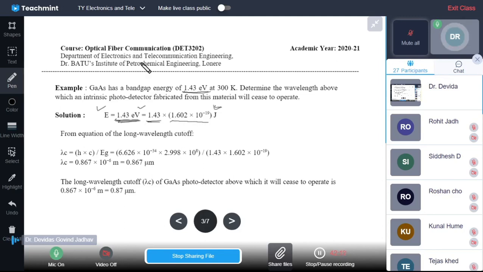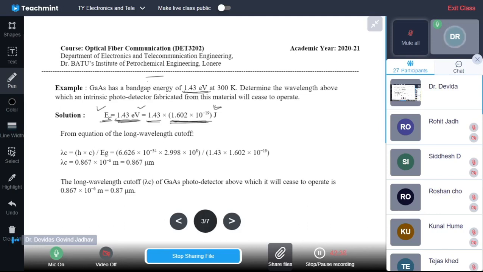We have done this many times in the previous sources numericals. So E is given as 1.43 electron volt, which is 1.43 multiplied by 1.602 into 10 raised to minus 19 joule. This is the band gap energy of the material, Eg.